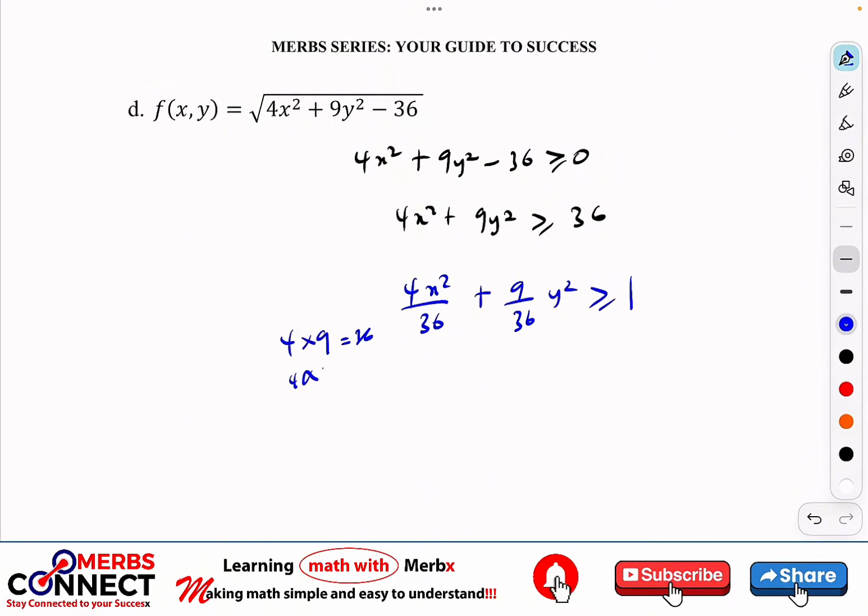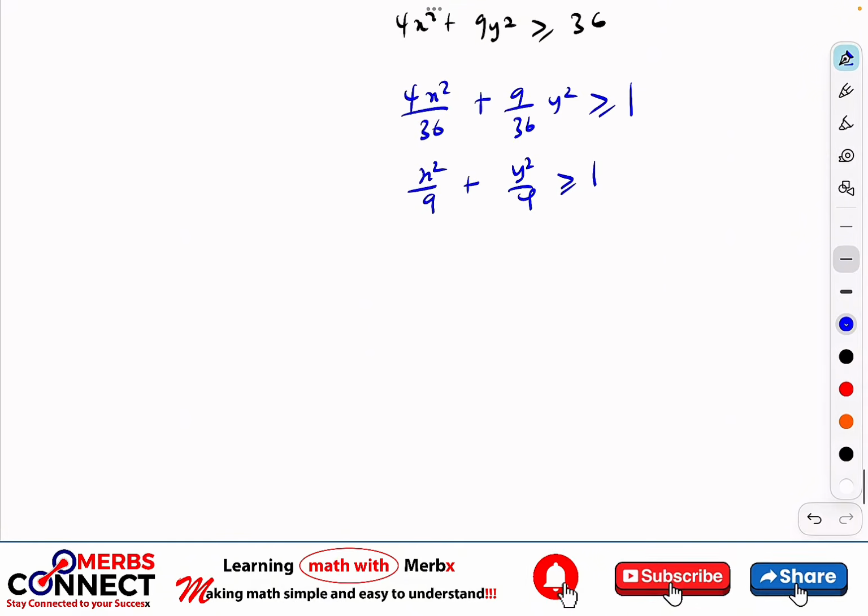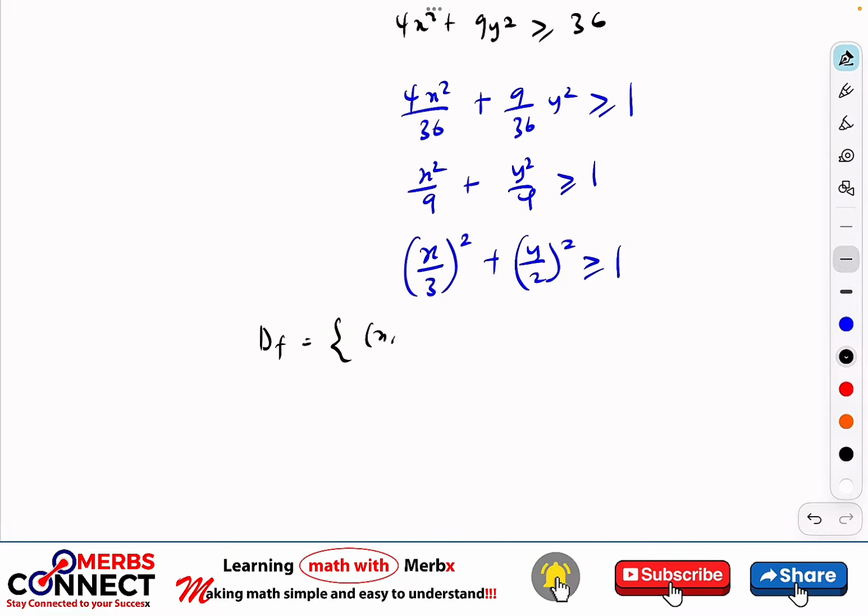So this is going to be x squared over 9 plus, then 9 goes into 36 four times, y squared over 4, greater than or equal to 1. So this is (x over 3) all squared plus (y over 2) all squared greater than or equal to 1. It's basically the same as the first one that we just did.